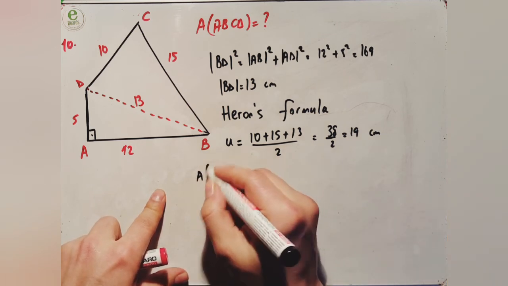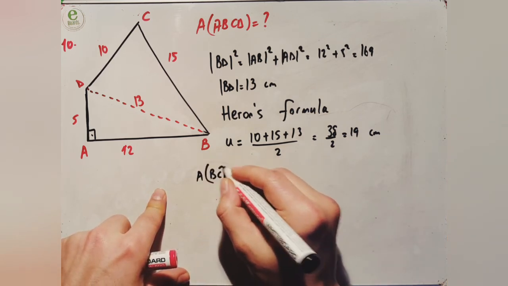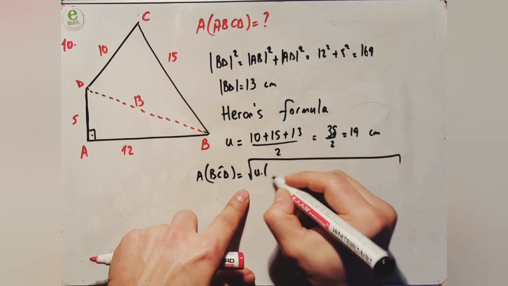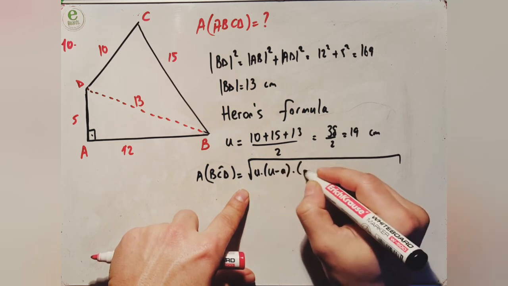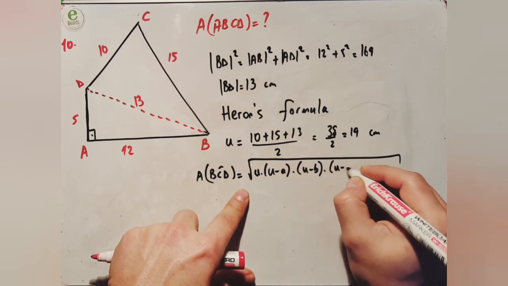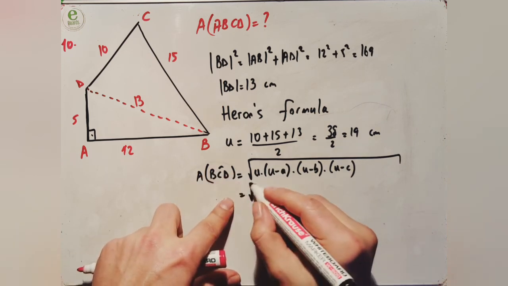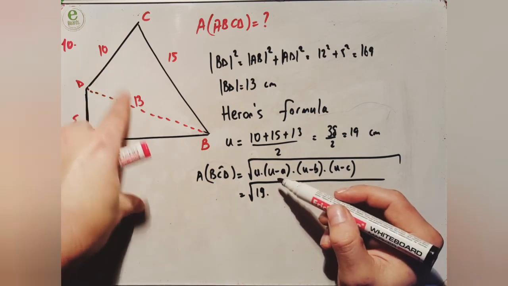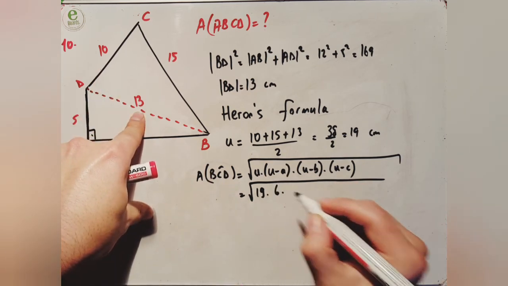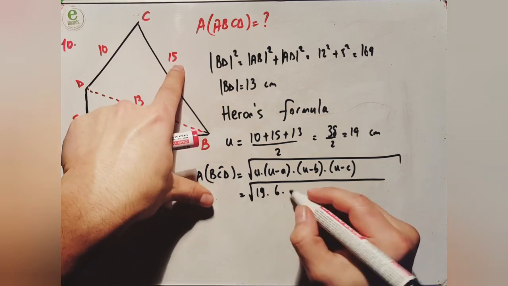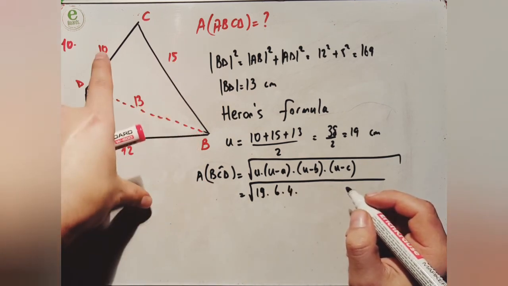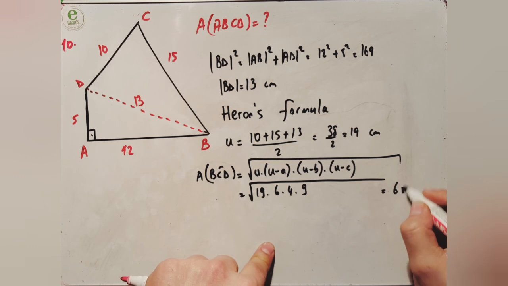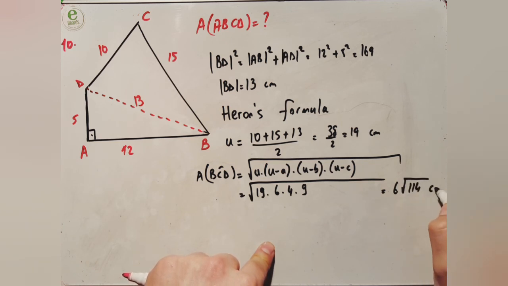After that, the area of BCD is the square root of U times U minus A times U minus B times U minus C, which is 19 times 6 times 4 times 9, since 19 minus 13 is 6, 19 minus 15 is 4, and 19 minus 10 is 9. That equals 6 square root of 114 centimeters square.